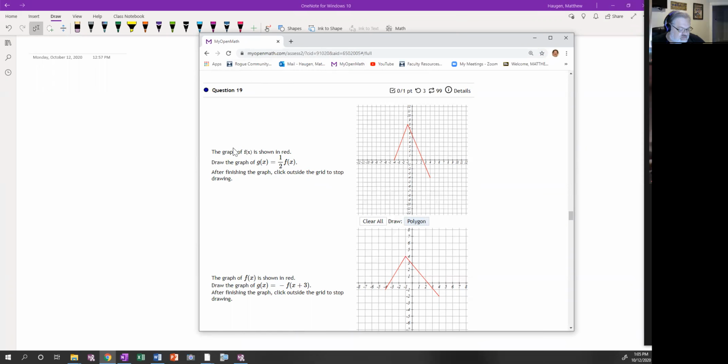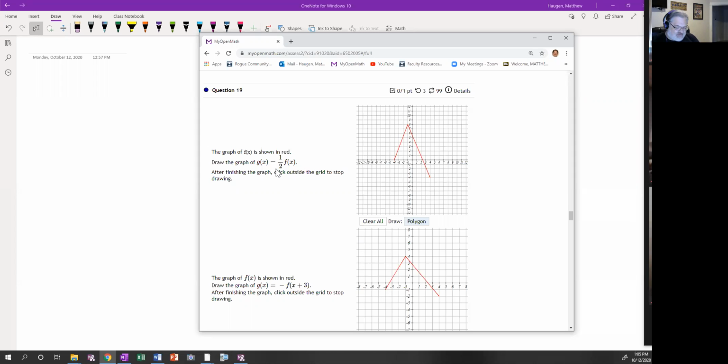So let's see. The graph is shown in red, so you've got some function here in red. And it wants us to draw the graph of 1/2 f of x. The key is, what is the transformation of multiplying by 1/2 going to do? The big thing with these transformations is to look at whether it's happening inside the function or outside the function.